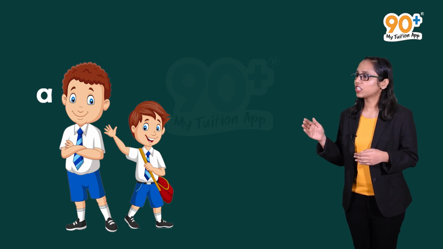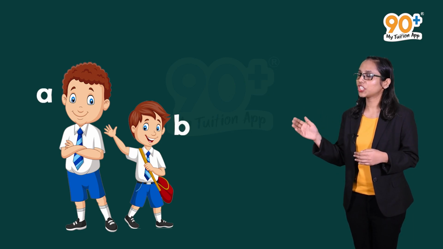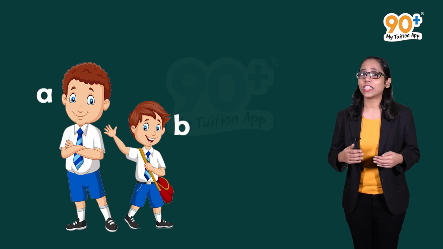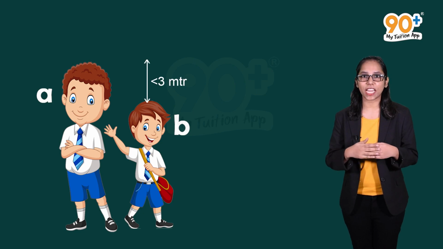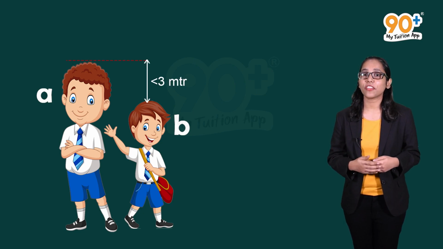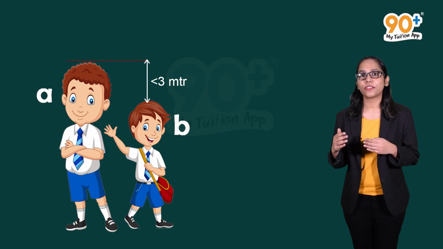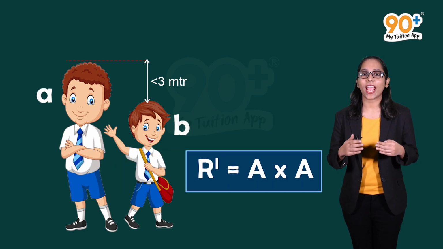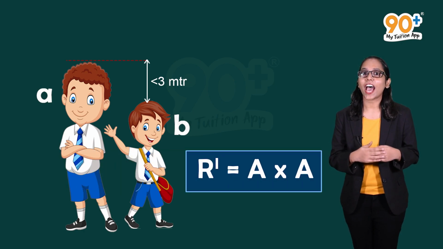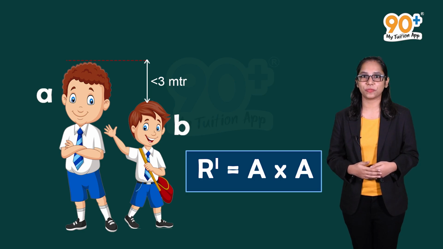Let a be the tallest boy and b be the shortest boy. Even then, the height difference of a and b will be less than 3 meters. That is, if we take any two students from the school, the height difference will be less than 3 meters. That is, R' will be equal to A cross A. That is, R' is the universal relation.